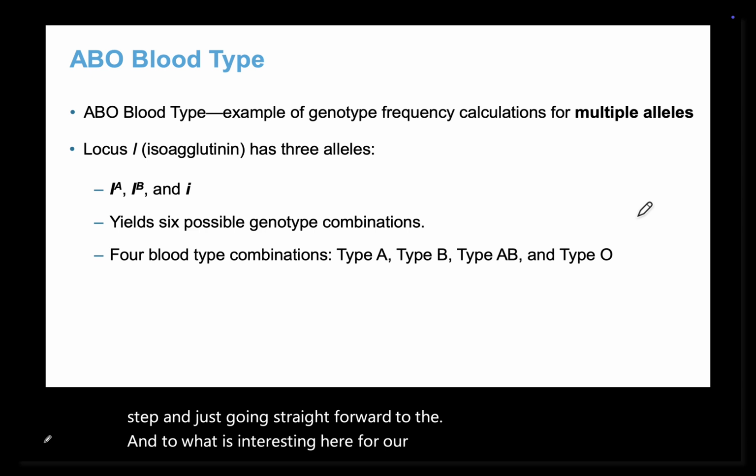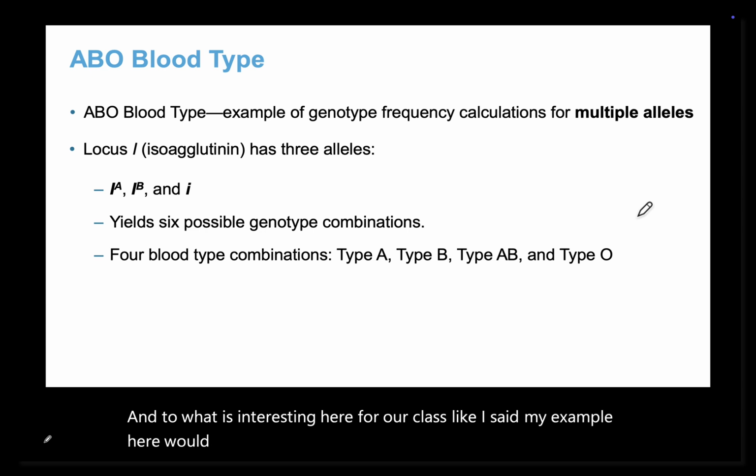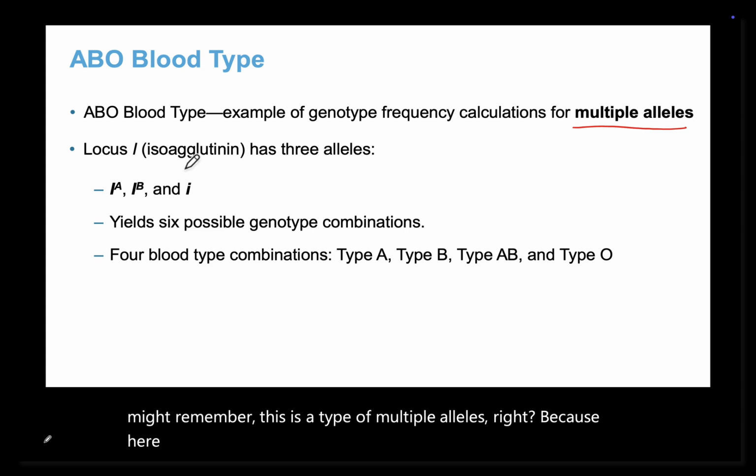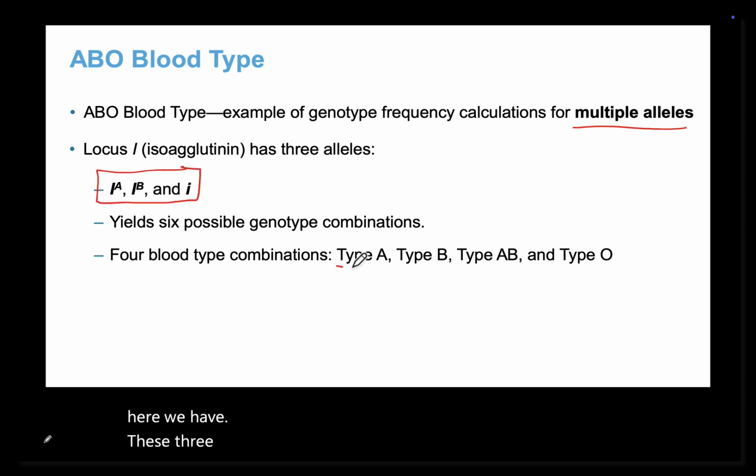Like I said, my example here will be for the blood type based on the ABO system. As you might remember, this is a type of multiple alleles, right? Because here we have these 3 alleles and these blood types.